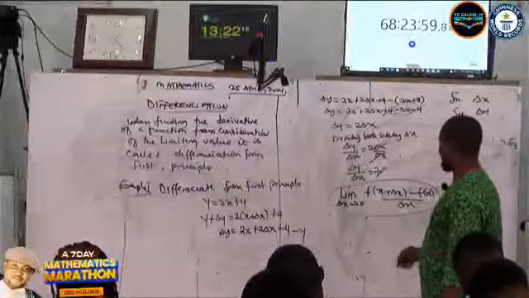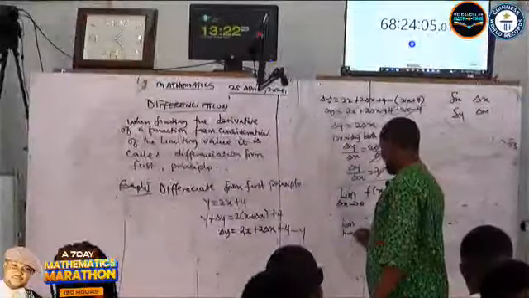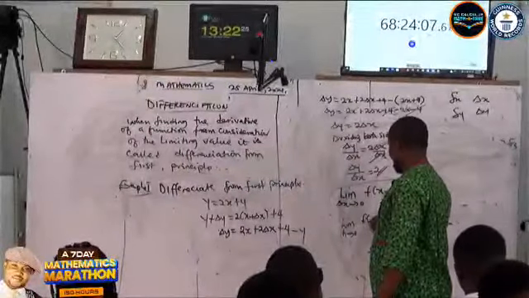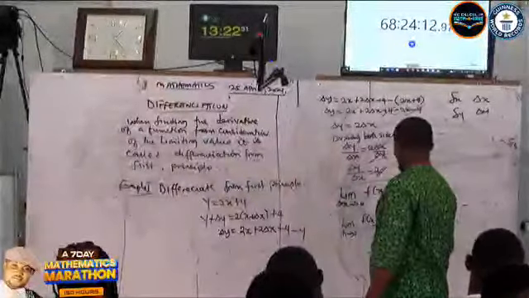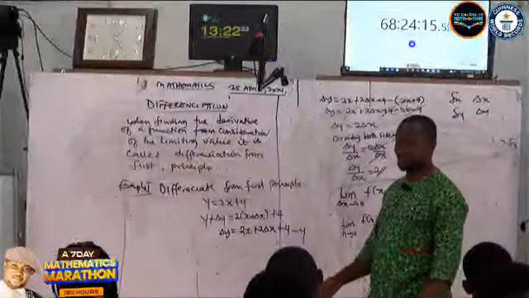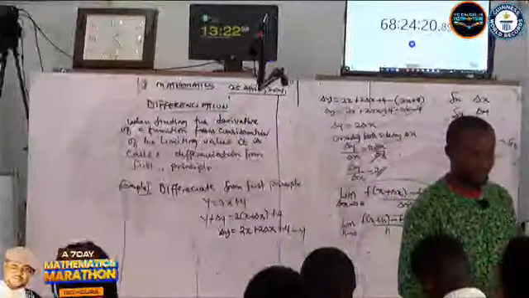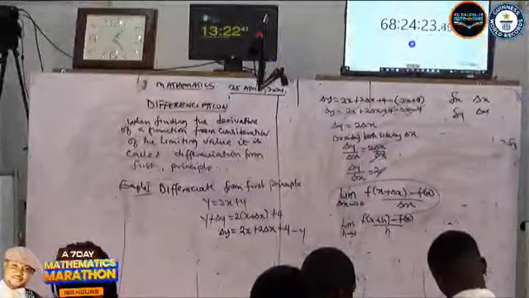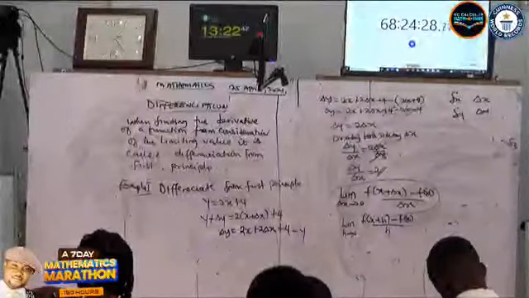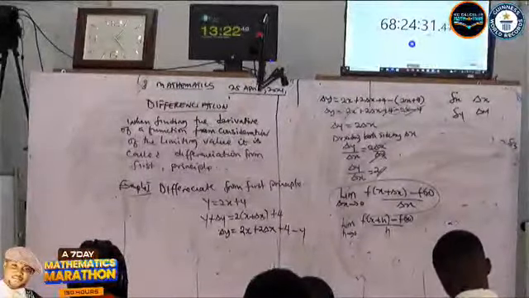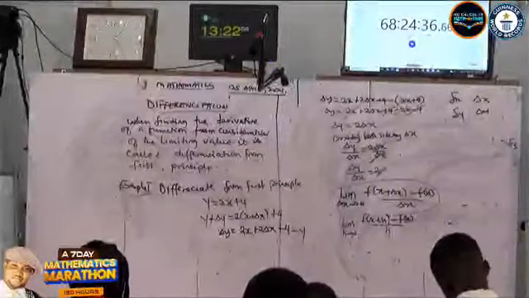Sometimes you can see some textbooks write it like this: as h, or any alphabet, tends to 0, f of x plus h minus f of x all over h. You are seeing the same stuff. Get such an expression. That is the differentiation from first principle.